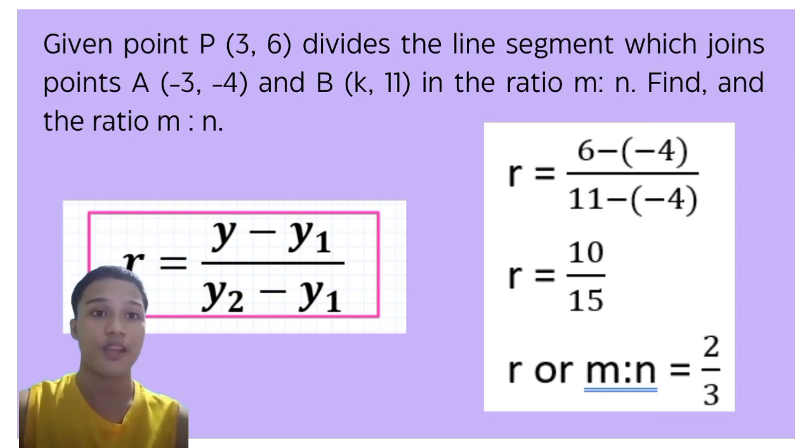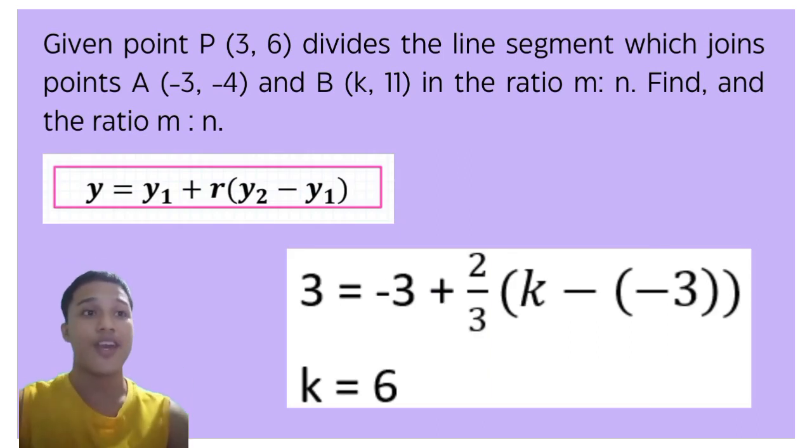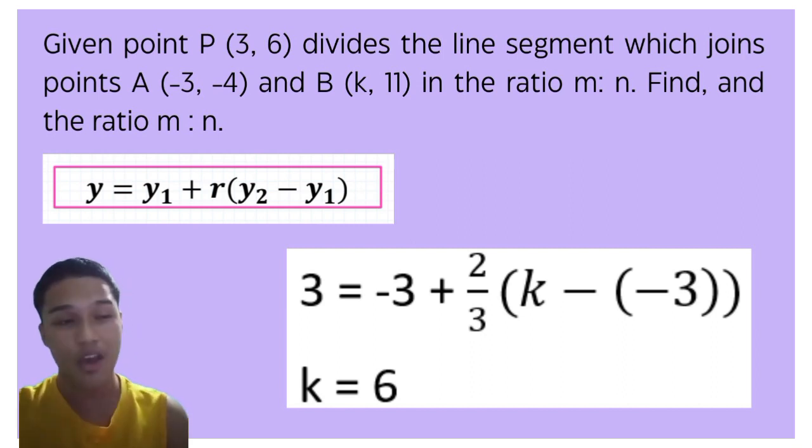Now we simplify it and we will get the ratio m:n of 2/3. In order to find the value of K, we need to substitute the values that we have got from earlier.